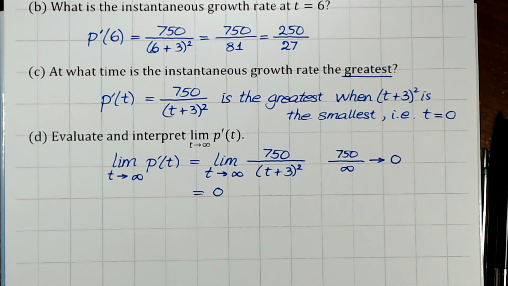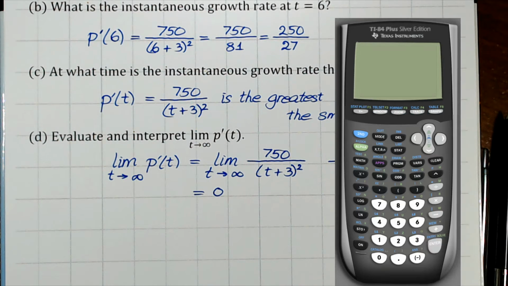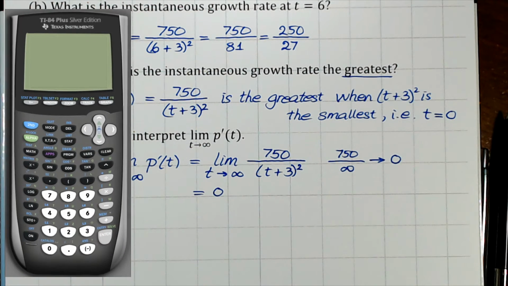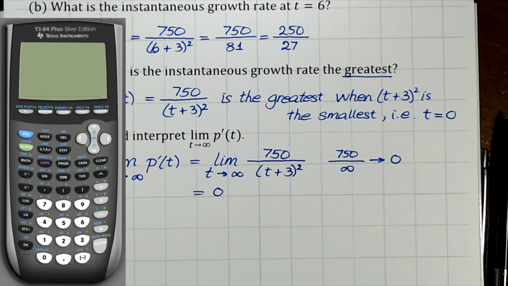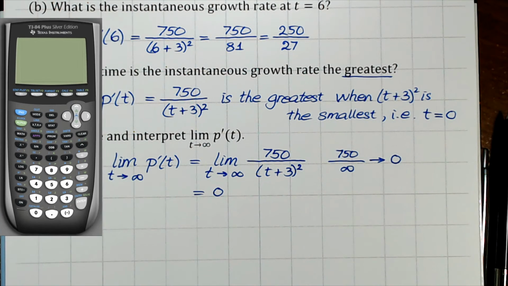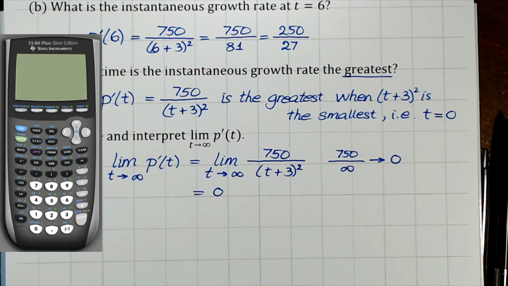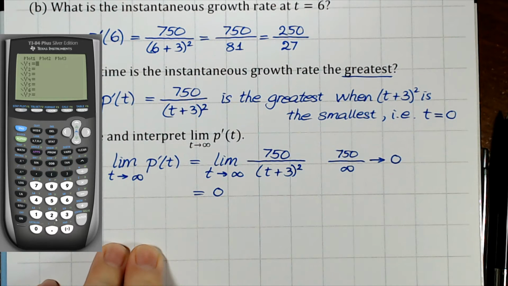Next, we're going to graph the function, and then graph the derivative. So on the calculator, we're going to graph the function 250t over t plus 3.